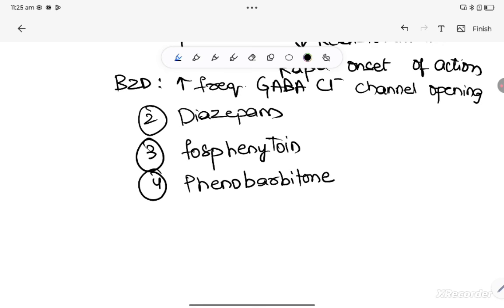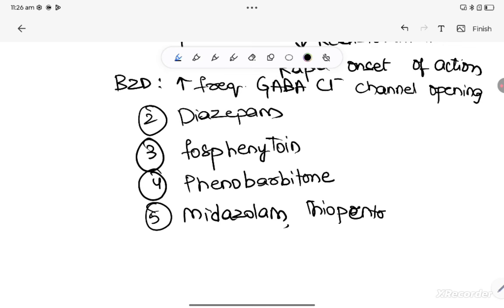Phenobarbital is a barbiturate, rarely used these days except for status. There is no approved indication for phenobarbital otherwise. If even with phenobarbital the patient does not have control of convulsions, then we will add midazolam, thiopentone, or propofol.